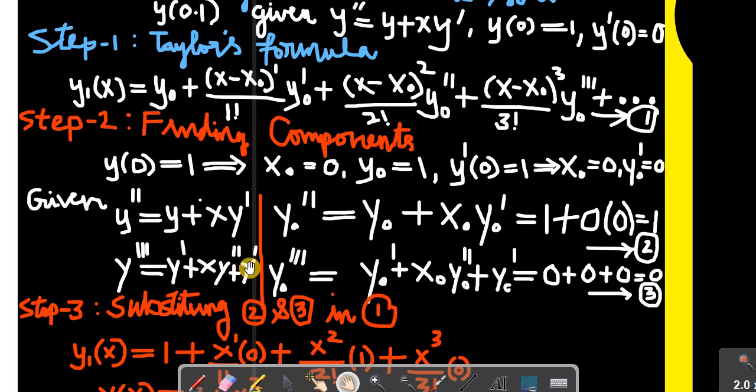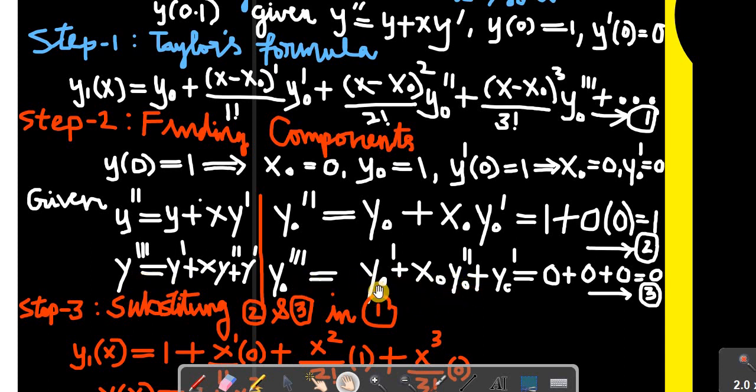Now come to the last term here, the first derivative of y when x equals 0. So for this equation at x equals 0, we will get this.